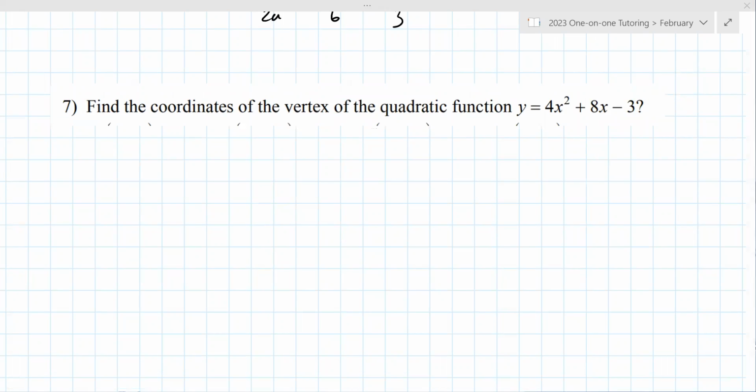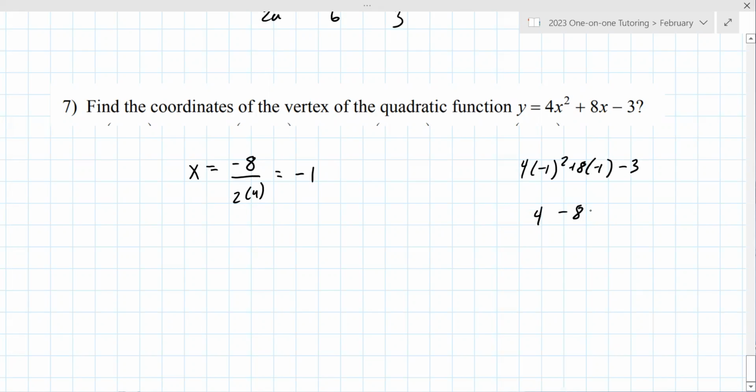So then -8 over 8, so x equals -1, then plug -1 back in. -1 squared is 1 times 4 is 4, minus 8, minus 3. So then -7. So the vertex is -1 comma -7.